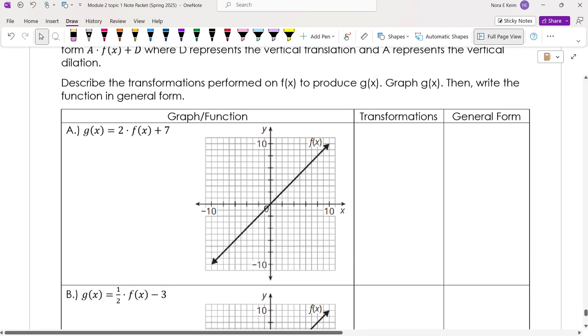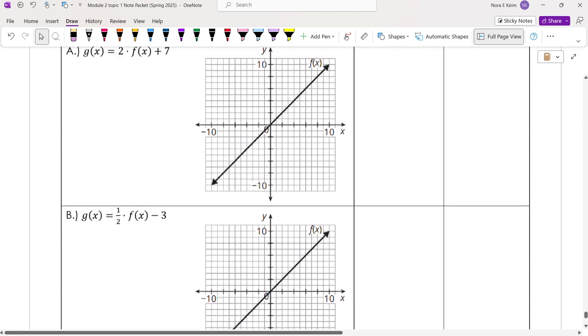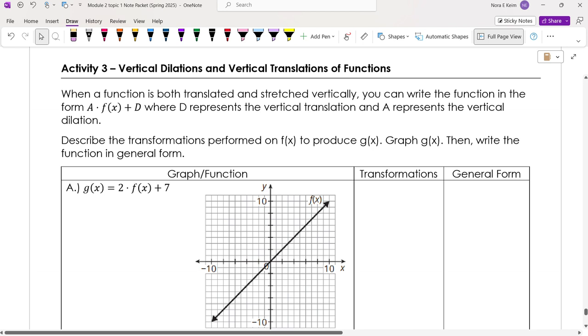So let's go ahead and look here. Now, I notice that all of these graphs for f of x are the exact same. So let's figure out, what is the general equation for f of x? f of x has a point here, a point here.